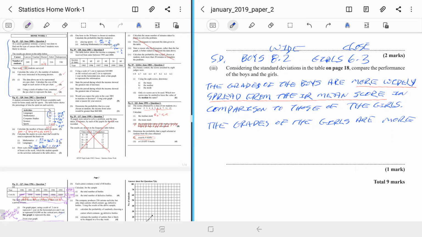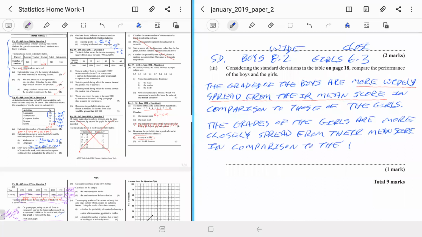So for the girls, the grades of the girls are more closely spread from their mean score in comparison to the boys.